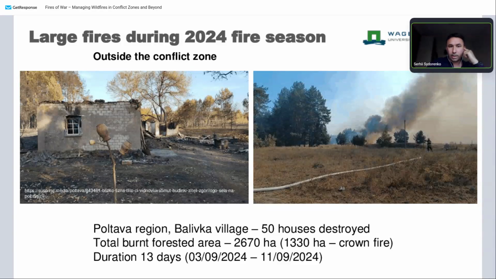So you can imagine what's happening on the front line, where all the services don't work properly because of limitations from the military and safety situation in this region. It is also important because the climate has changed a lot in Ukraine. 15-20 years ago, Ukraine was a quite safe country in terms of wildfires or forest fires.